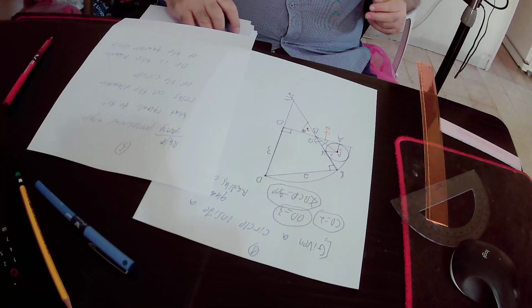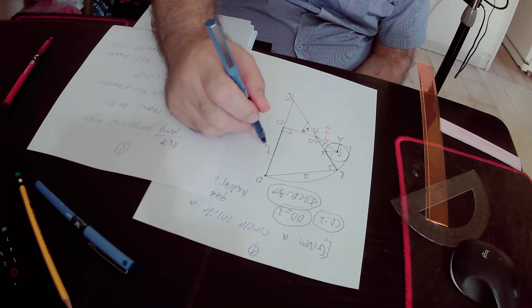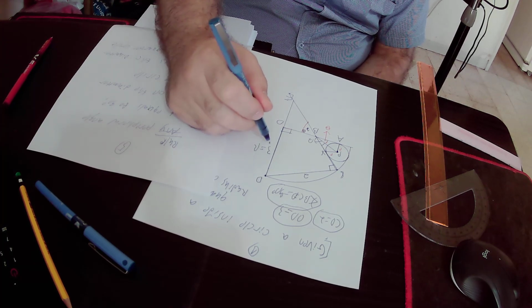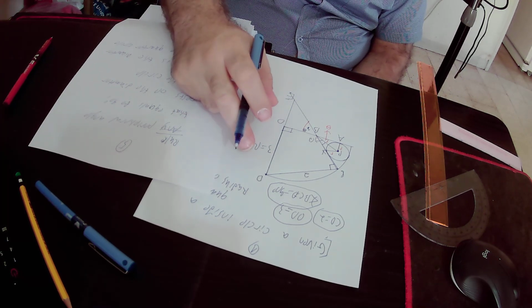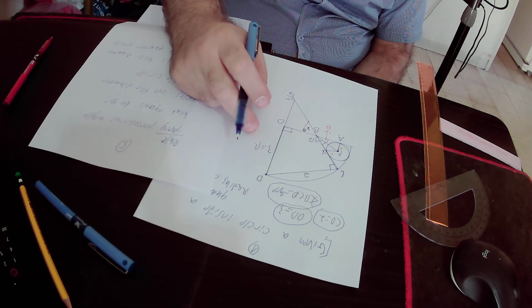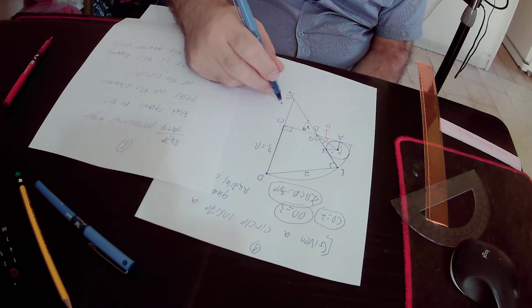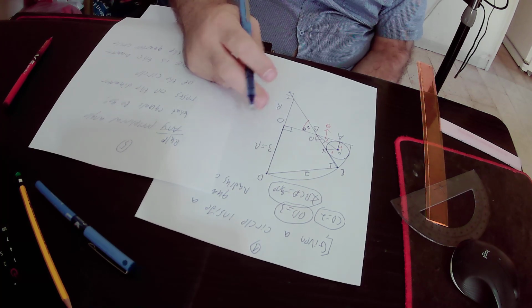And therefore DO equals R. So R equals 3, and because DO equals R, then OE must also equal R, because the diameter of any circle equals 2R.